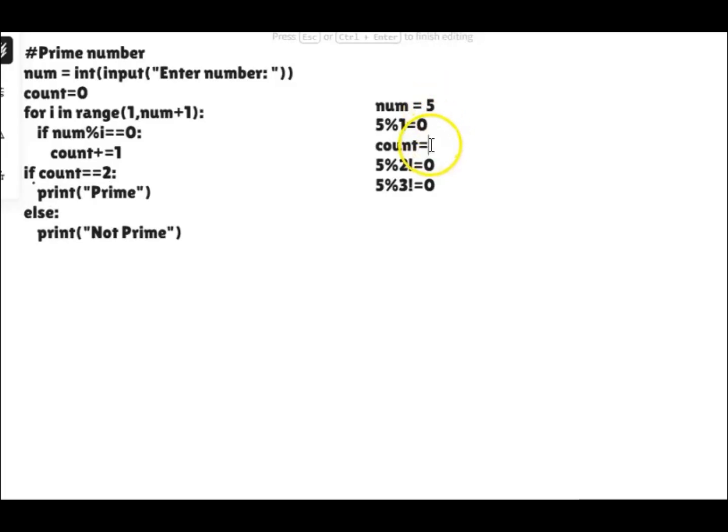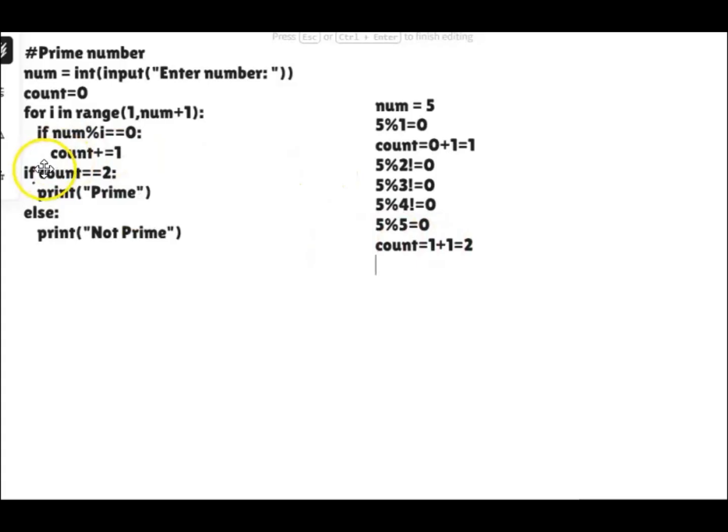That's the condition. So 5 % 1 is 0, so count becomes 1. Then 5 % 2 is not equal to 0, and 5 % 3 is also not 0. 5 % 4 is not 0 either. Finally, with 5, the remainder becomes 0, so count again becomes count plus 1, and it becomes 2.